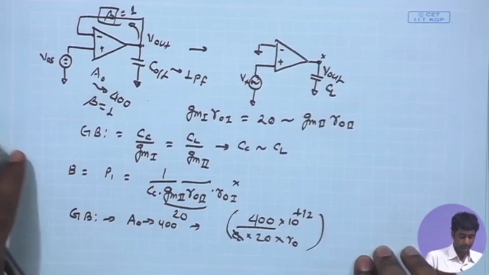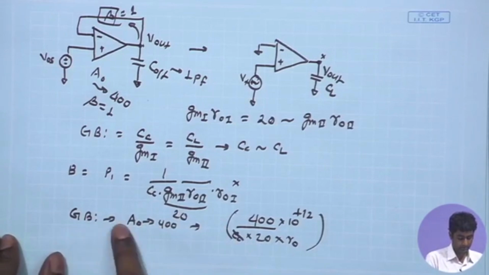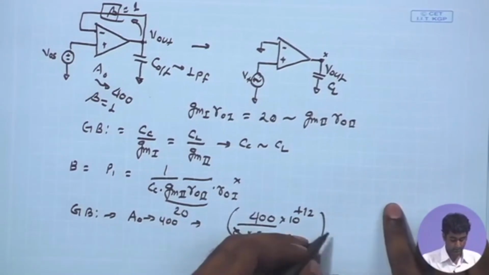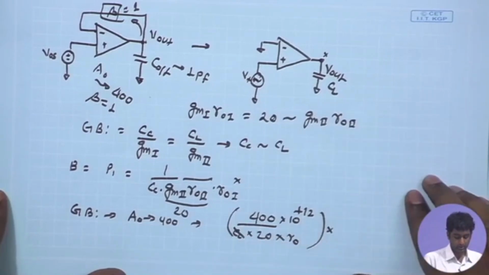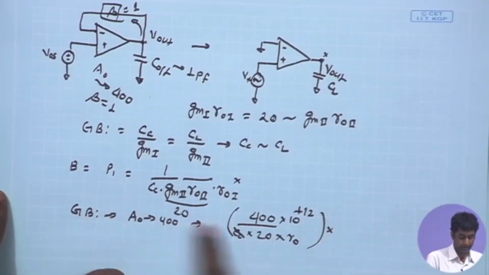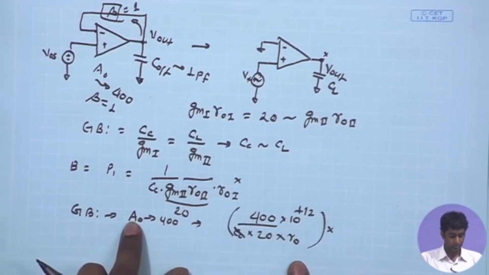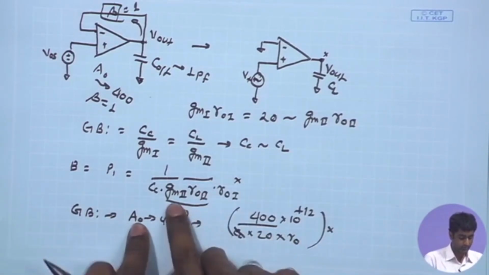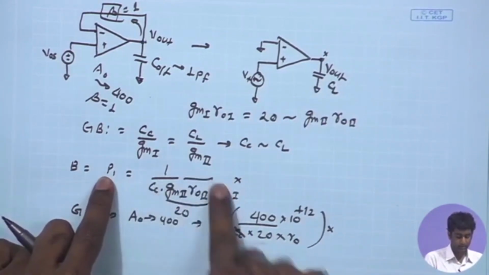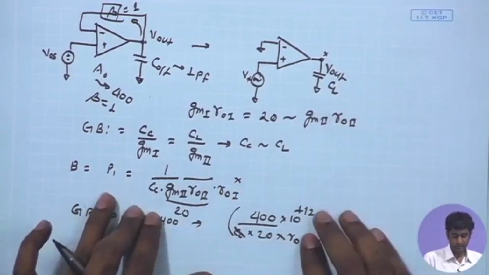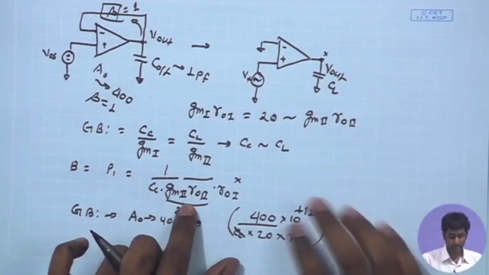Now, here we look at the overall gain bandwidth product and the corresponding closed loop gain. What is going to be the corresponding closed loop gain if we have this gain bandwidth product and a certain open loop gain over here? For the closed loop bandwidth, I need to multiply P1, which is the open loop bandwidth, with 1 plus A beta, where beta is 1.